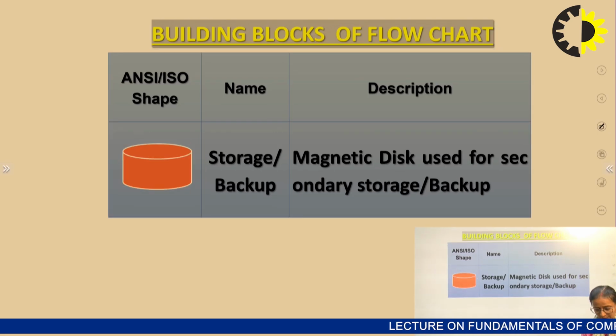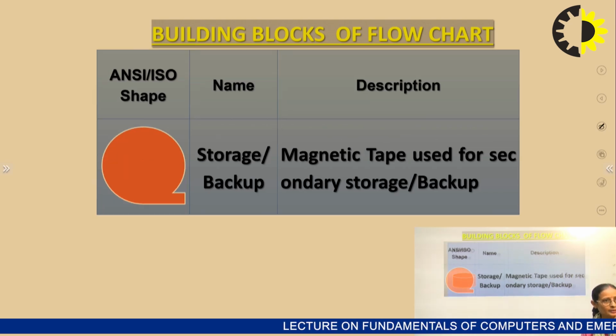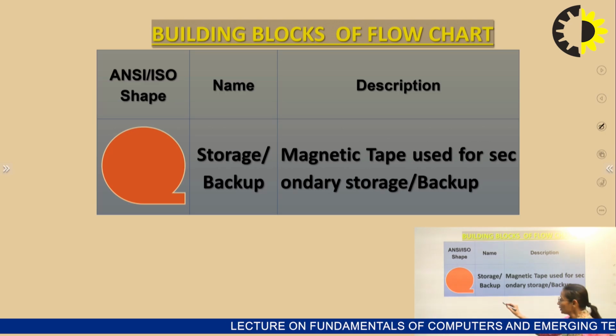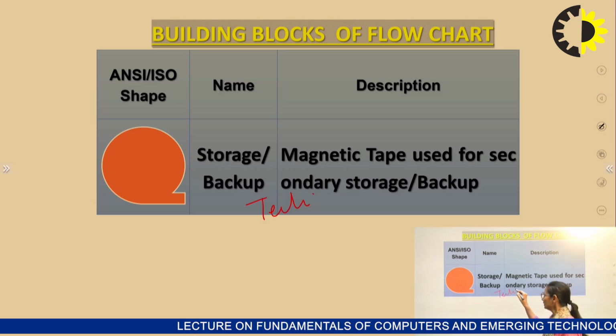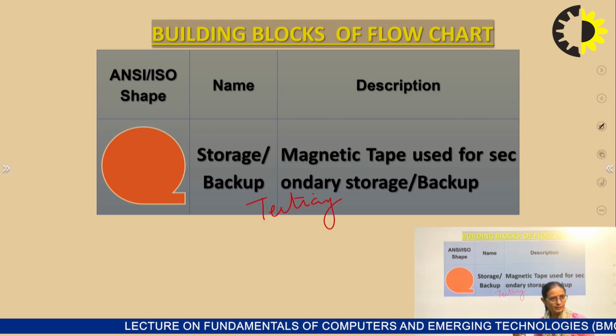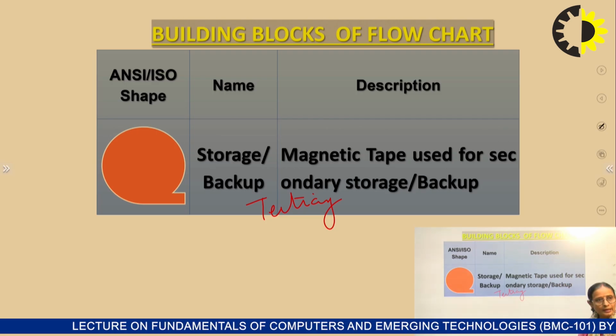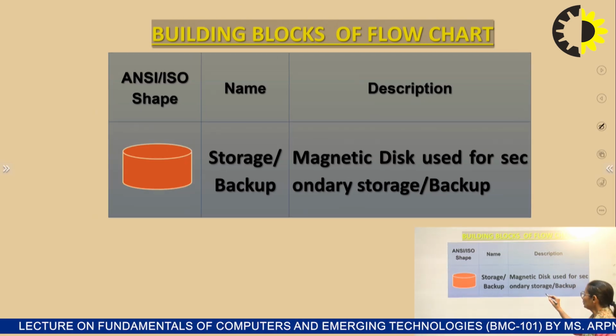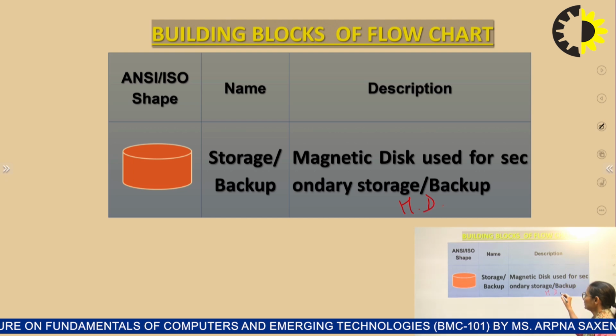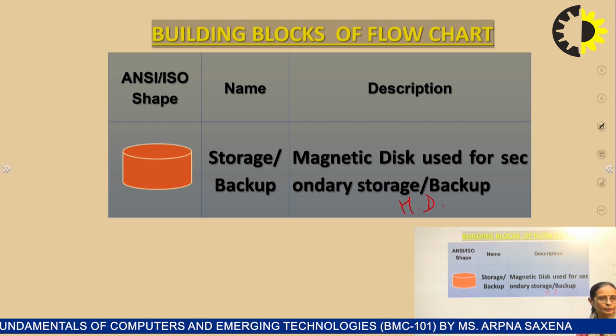This is again for the storage or the backup, and this is for the magnetic disk. This is tertiary, when you want to take the backup on a tertiary device, that is magnetic tapes, and this is when you are using your hard disk on your system. When you want to take the backup, then you will use this symbol.